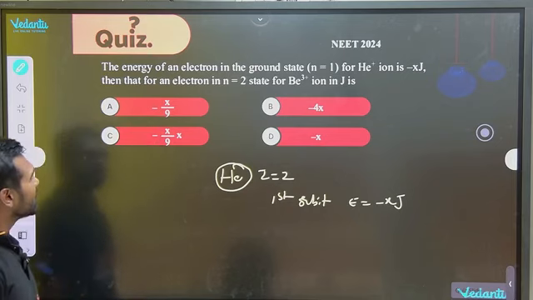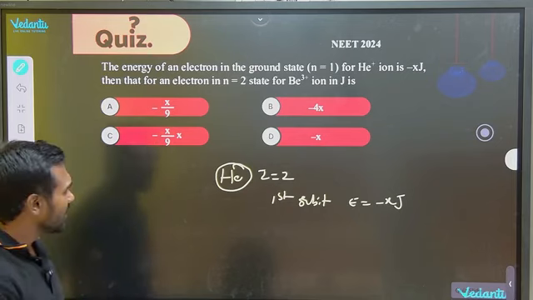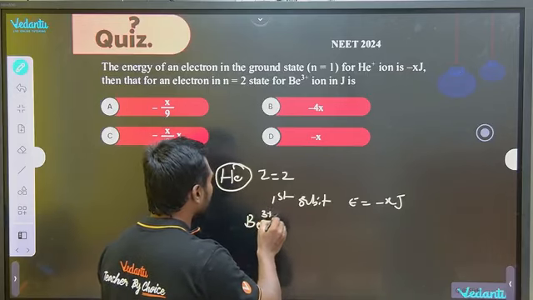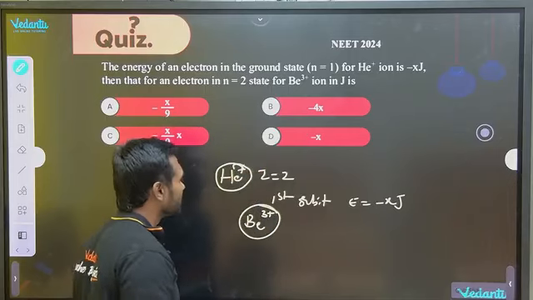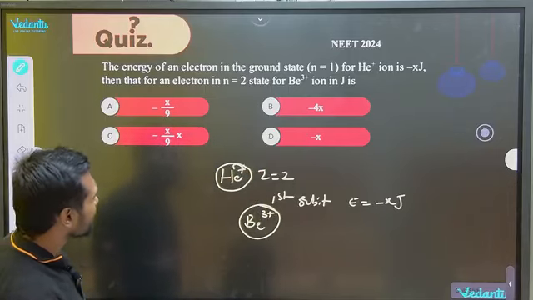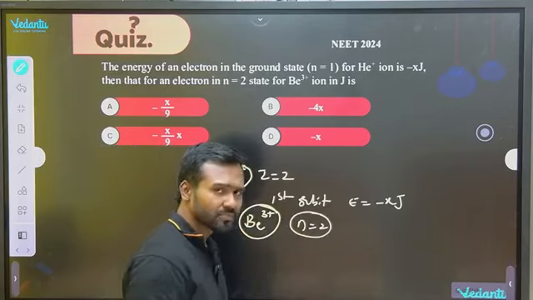Then the electron present in the second orbit of beryllium 3+, you have to find. This is helium plus, sorry, helium plus and beryllium 3+ in joules, and the orbit number is 2.